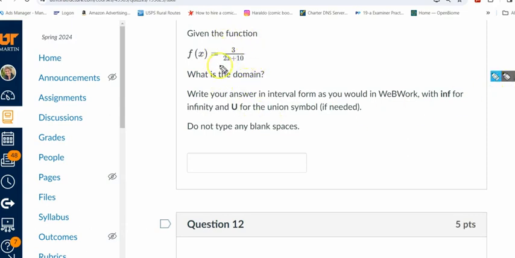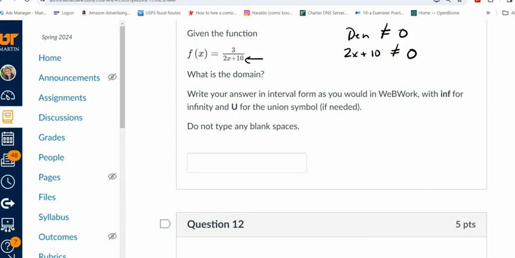Now, we have a fraction, a rational expression, and the denominator is not allowed to be 0. So what's the denominator of this? 2x plus 10 is not allowed to be 0, but we need the restriction on x, not the restriction on 2x plus 10. So we need to rewrite this where x is by itself on the left-hand side.